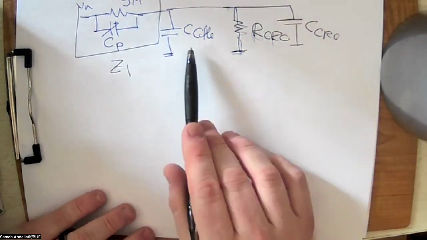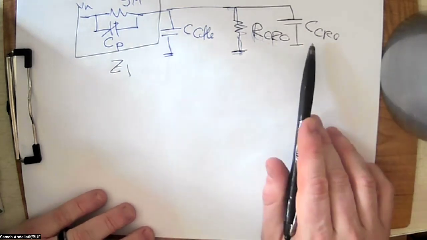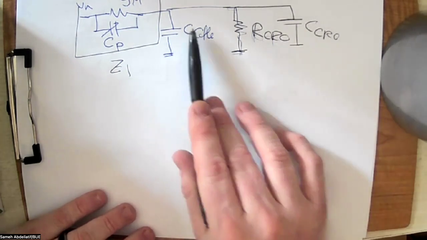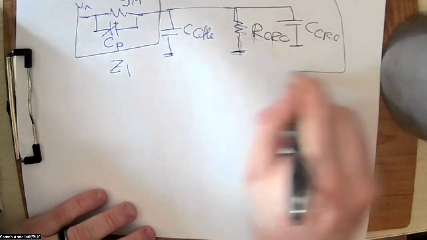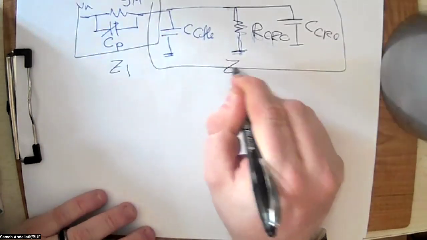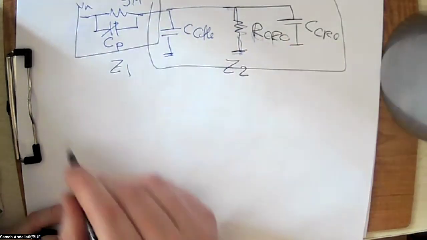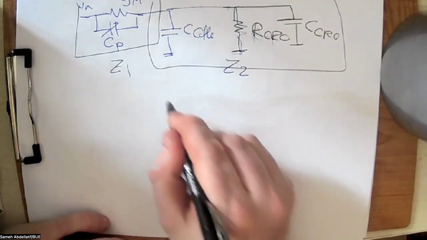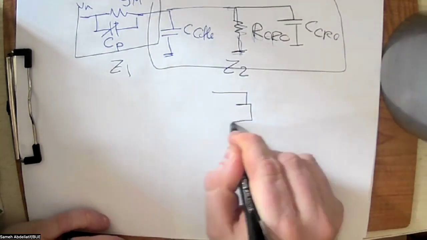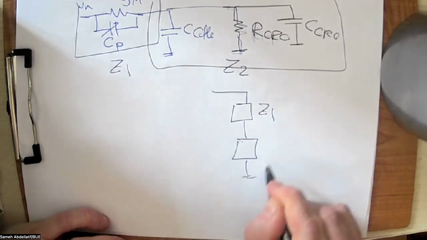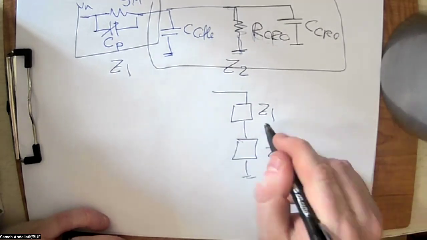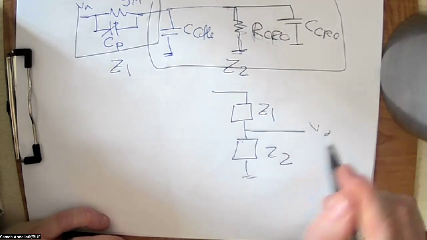And here, as you can see, the cable and the input impedance of the oscilloscope are in parallel with this CRO. So this is Z2. So simply you have something like that. This is Z1, and this is Z2, and here this is V out, and this is Vin.